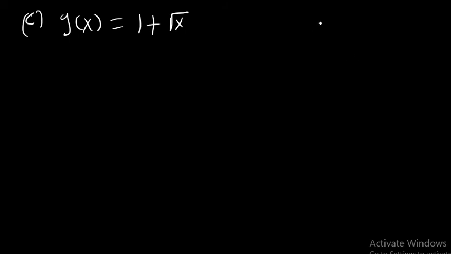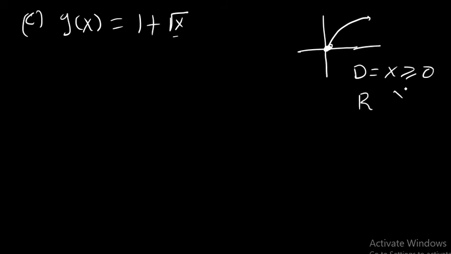Again, in our power function lesson, we have seen the square root of x. The graph will be concave down. It's curving, starting from 0. What is the domain? The domain is x greater or equal to 0. What about the range? Y greater or equal to 0. This is the domain and the range.